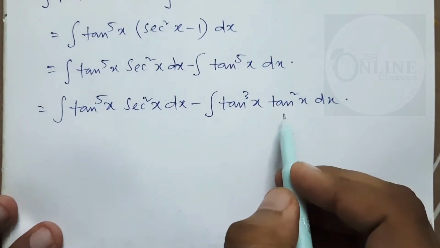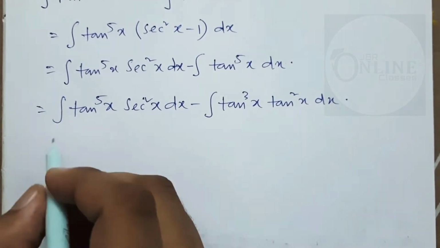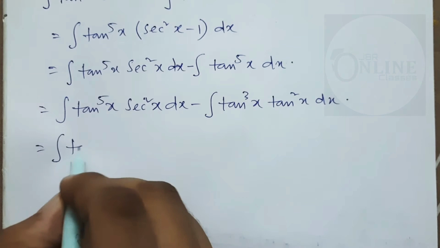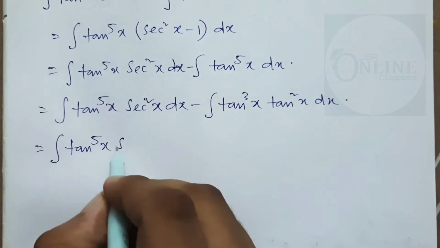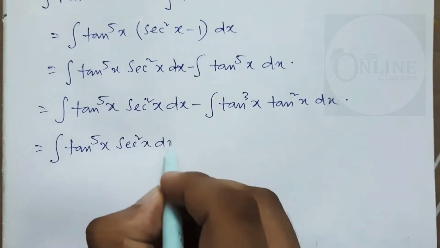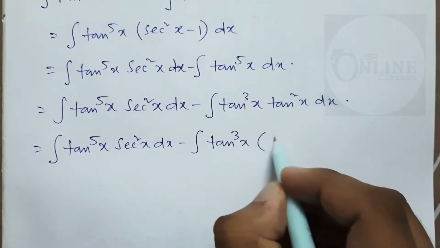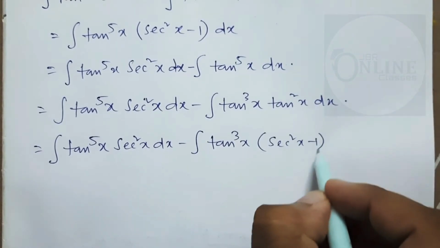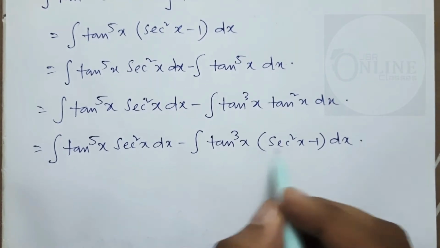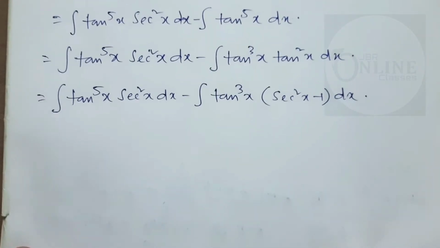I am going to write this tan square as sec square minus 1 again. So integration tan to the power 5x sec square x dx minus integration tan cube x into (sec square x minus 1) dx. Then again multiply, same kind of calculation.